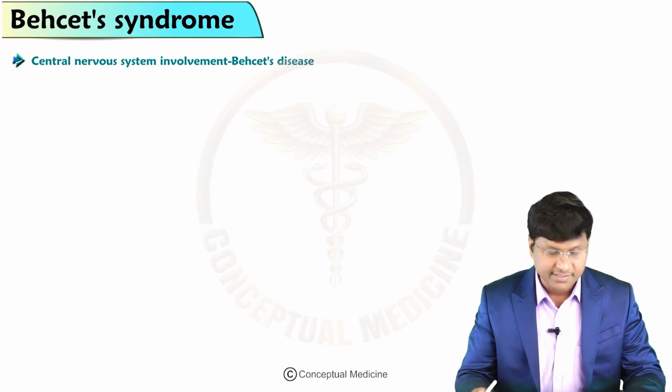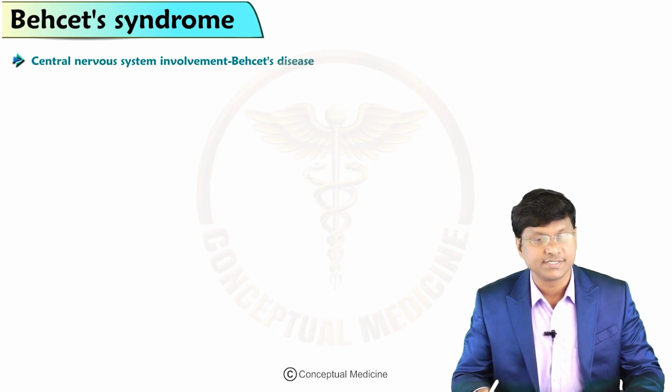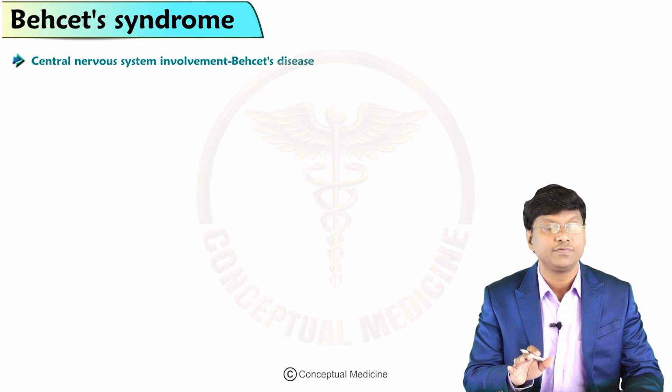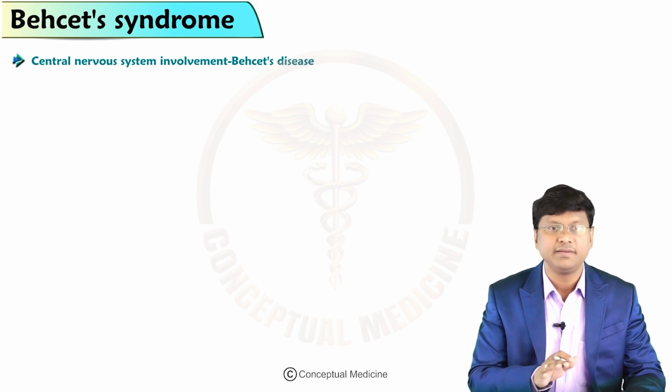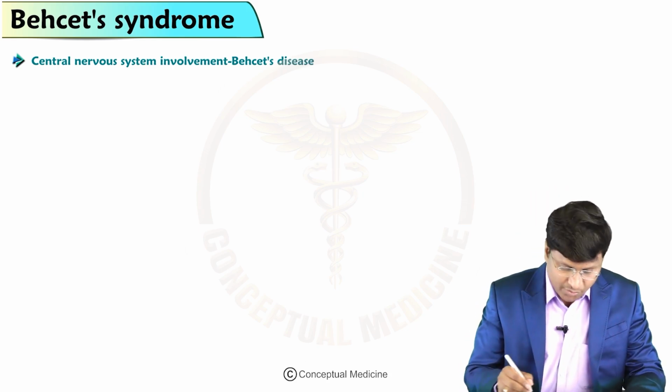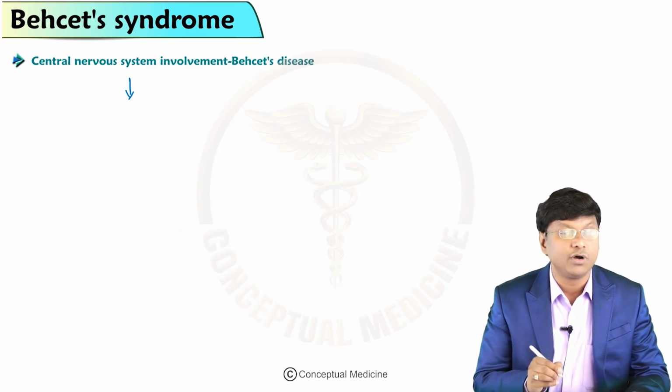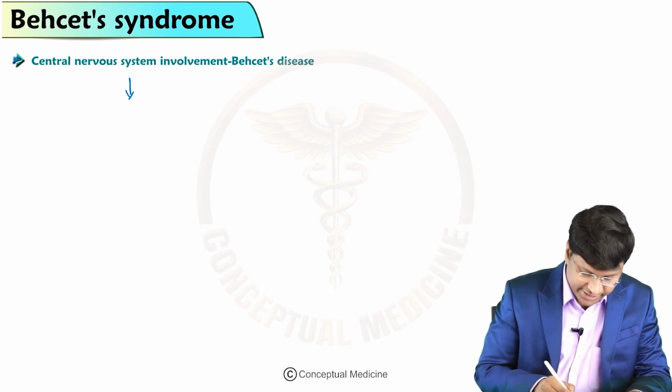Then you take the central nervous system involvement in patients with Behcet's. This central nervous system involvement is another major cause of morbidity in Behcet syndrome. Now, what will be the findings? That includes sterile meningitis.